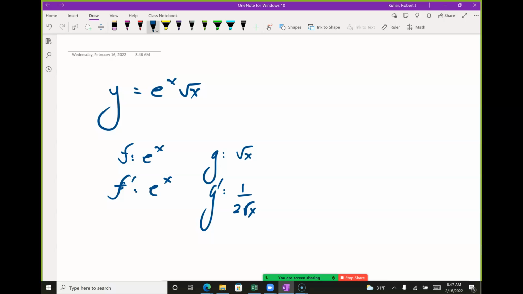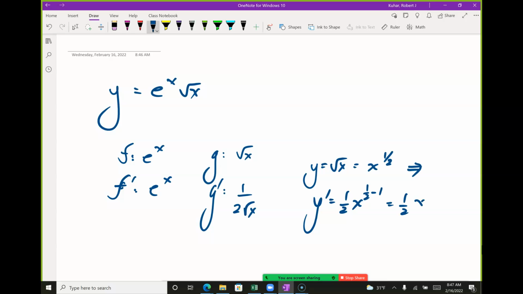So we're going to memorize it. Does anyone want to see the power rule there for g and g prime? You can throw it up really quick. Sure. If y is square root of x, that's x to the 1/2 power. y prime is 1/2 times x to the 1/2 minus 1.